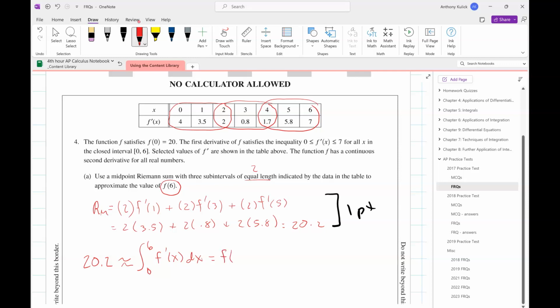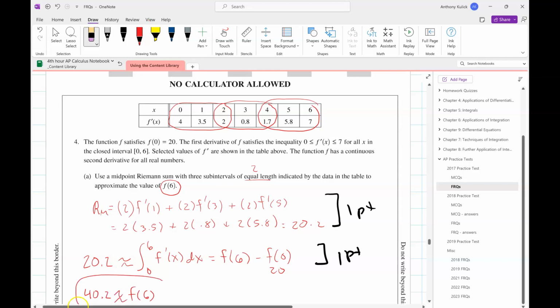It's equal to f of 6 minus f of 0, right? That's the fundamental theorem of calculus part 2. Writing that equation would have been worth 1 point. We know that f of 0 is 20, so adding that over gets us our approximate value for f of 6. That's the final point.